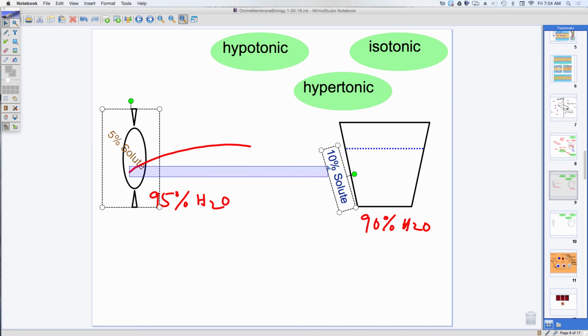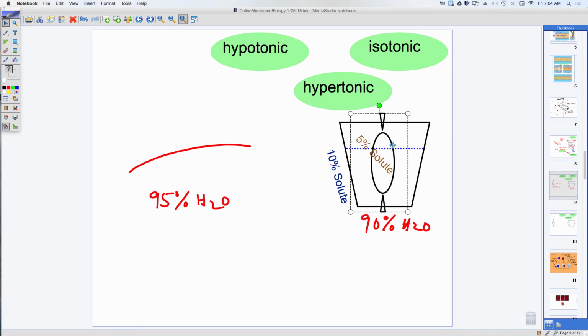So we put our bag into the water solution, the 10% solute solution.